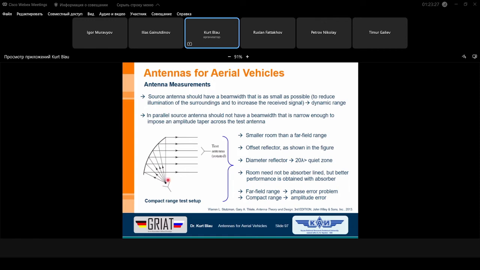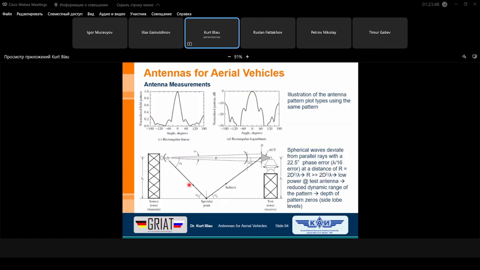If you have here an illumination antenna which illuminates this reflector, then over the necessary illumination angle, you have a magnitude decrease.